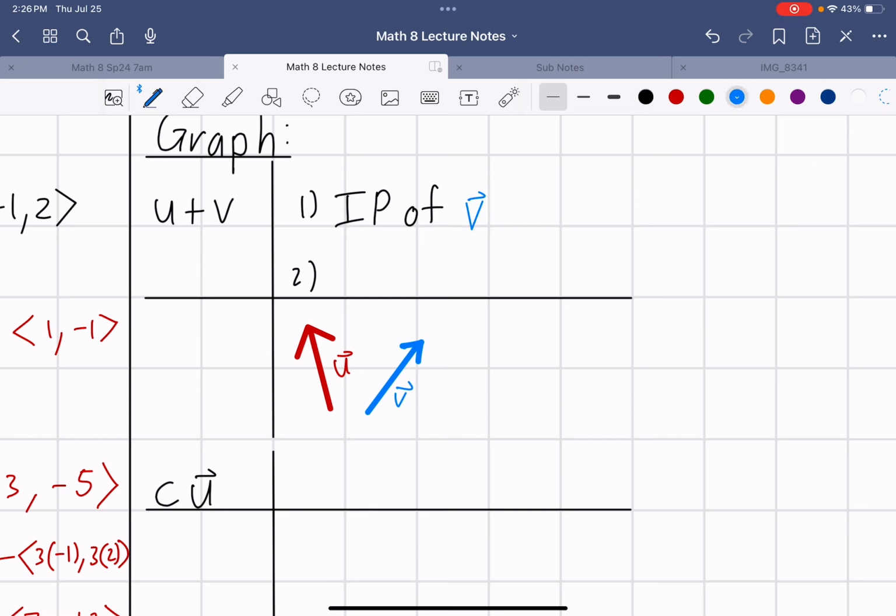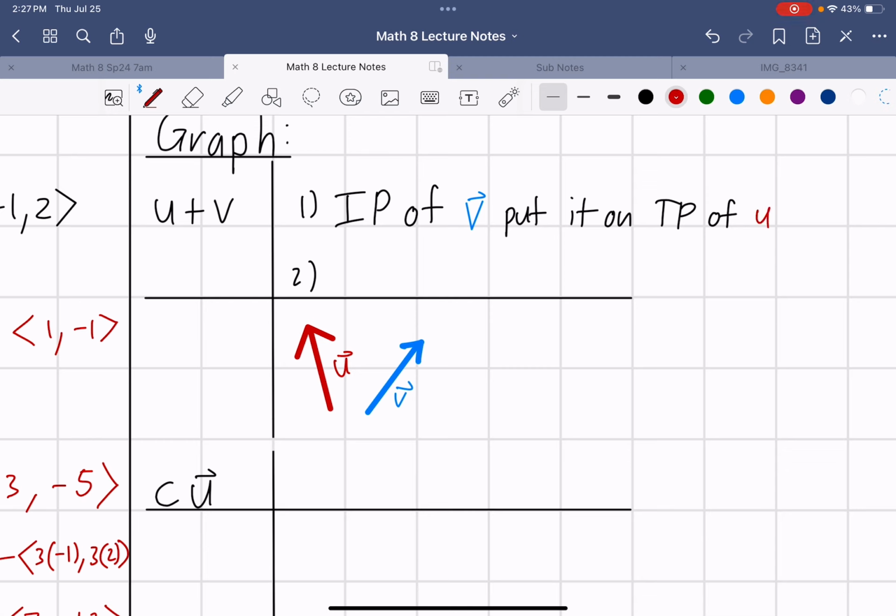So we're adding in this order, right? Where v is adding onto u. So we're going to take the initial point of v and put it on, and sorry for the lack of a better wording, put it on the terminal point of u.